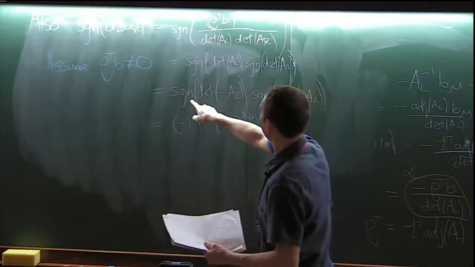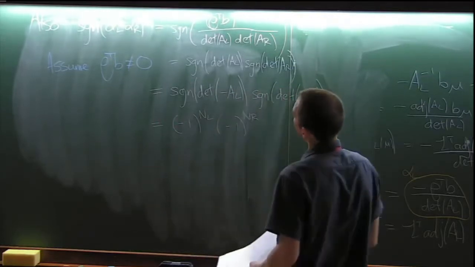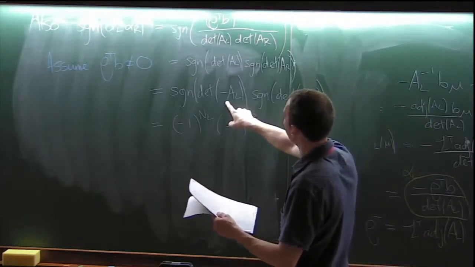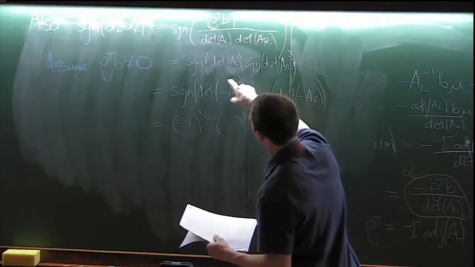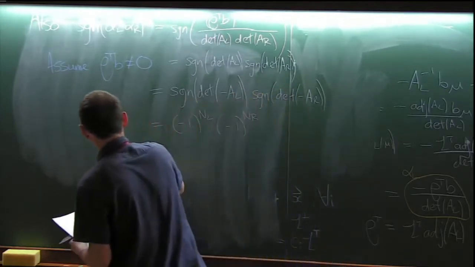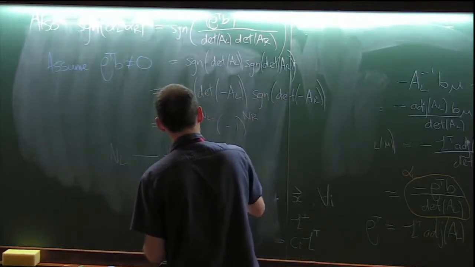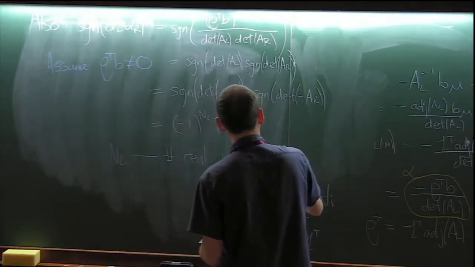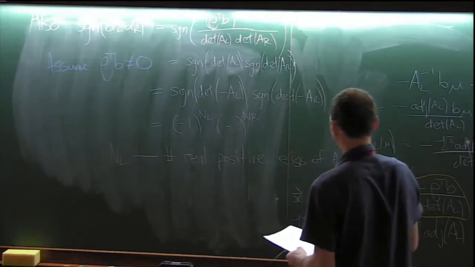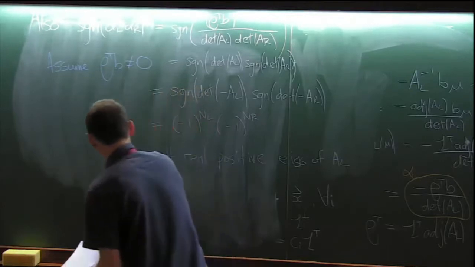And then as I mentioned yesterday, the sign of the determinant of minus AL is equal to the number of negative eigenvalues of minus AL. So it's equal to the number of positive eigenvalues of AL. So NL is the number of real positive eigenvalues of AL, and NR is for the matrix AR.